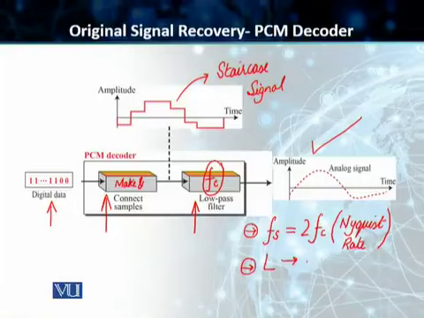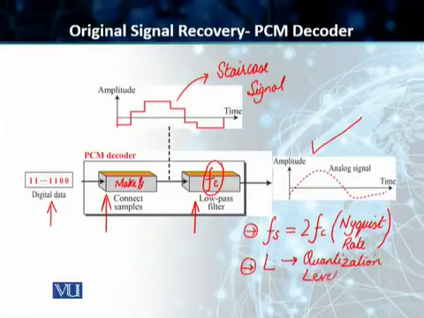We represent those quantization levels by L. So in essence, if these two steps at the decoder are done appropriately, then the result is an exact replica of what we sent in terms of the analog signal from the sending end.